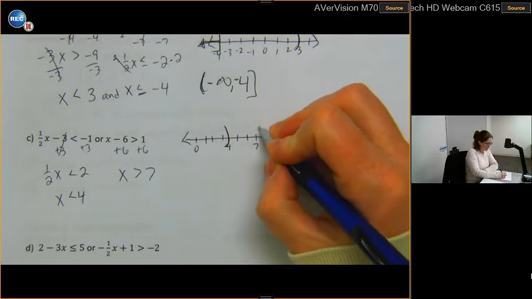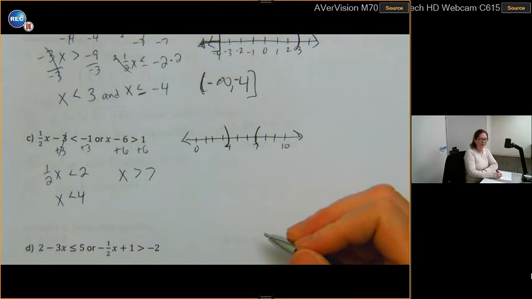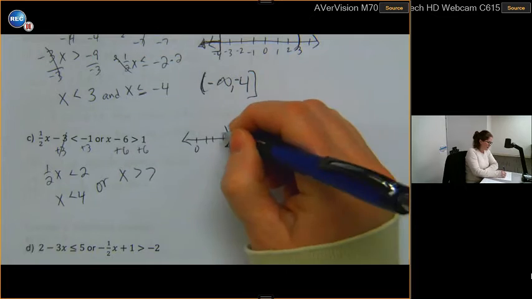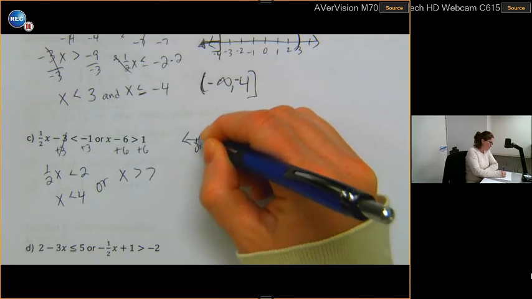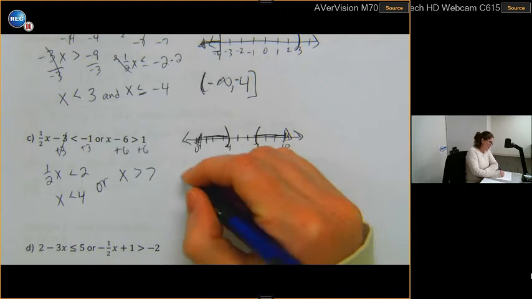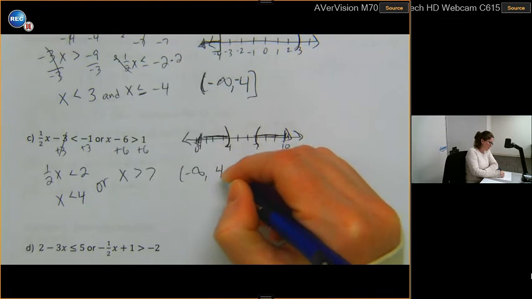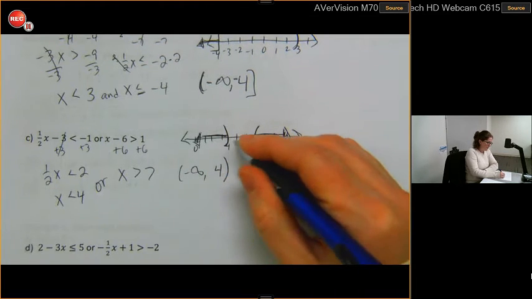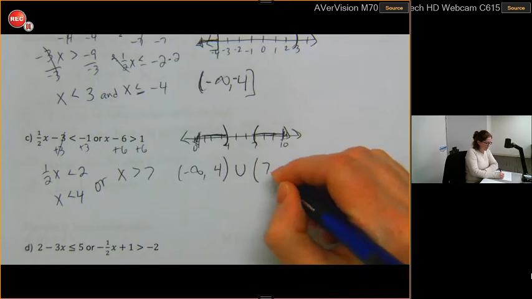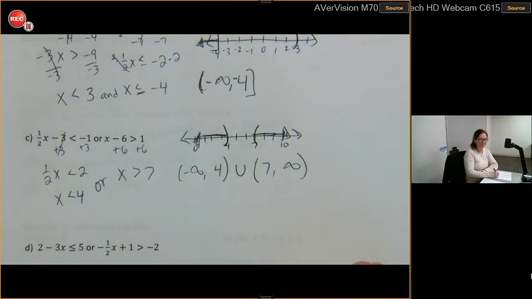Greater than 7 is a parenthesis on the 7 going right. Since my initial problem is an "or" problem, I'm going to have two separate pieces to my answer. So I have -infinity to 4, parenthesis. When I have that gap in the middle, I use the union symbol, and then 7 to infinity.